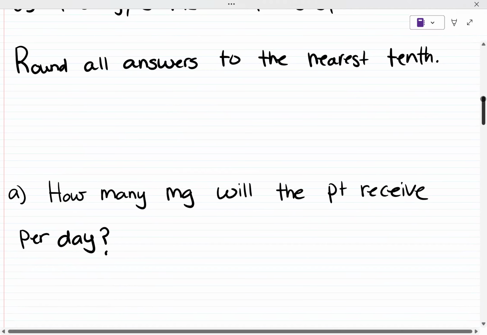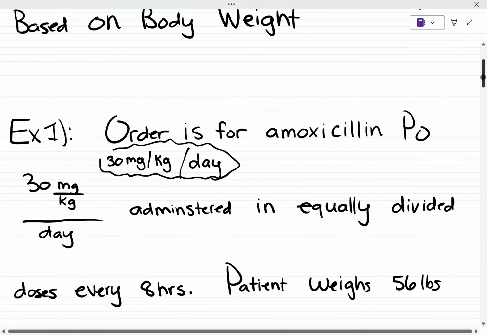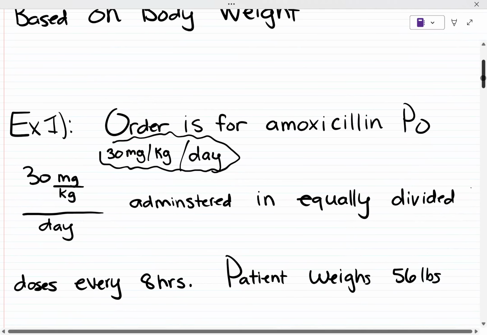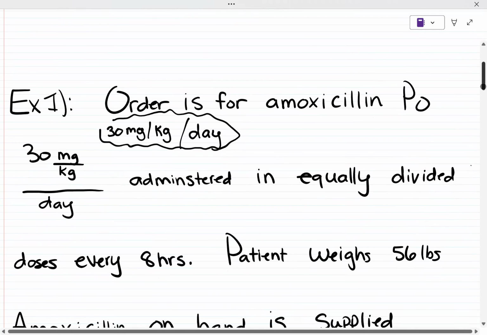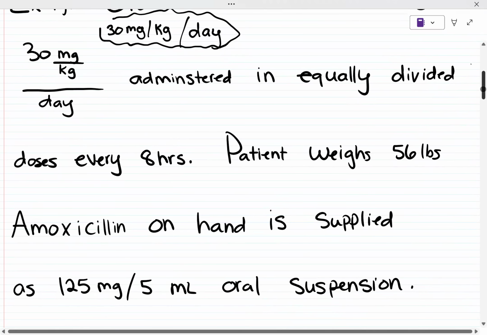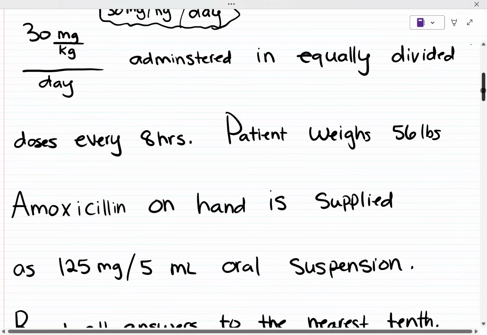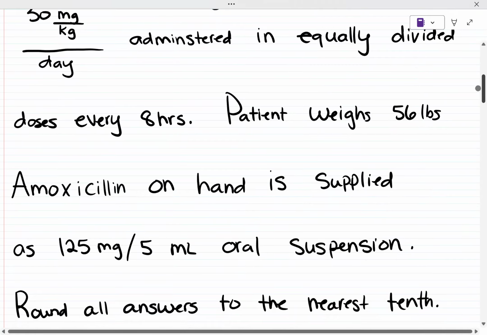Okay, the first part says, how many mg will the patient receive per day? If you want me to read the problem again, it's fine. The order is for amoxicillin PO 30 mg per kilogram per day administered in equally divided doses every 8 hours. The patient weighs 56 pounds. Amoxicillin on hand is supplied as 125 milligrams per 5 milliliters oral suspension.